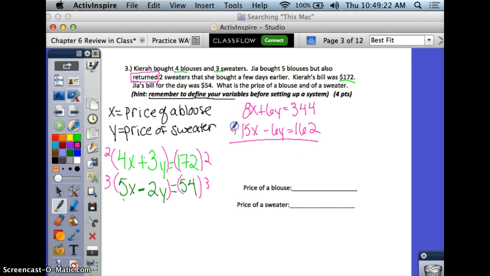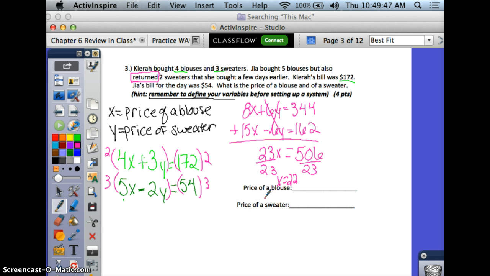So when you add the 2 together, you cancel out your y's, bring your equal sign down, and you get 23x equals 506. Divide both sides by 23, and you get x equals 22.